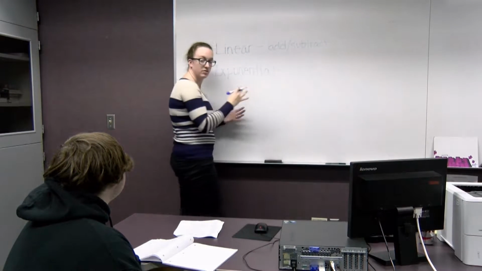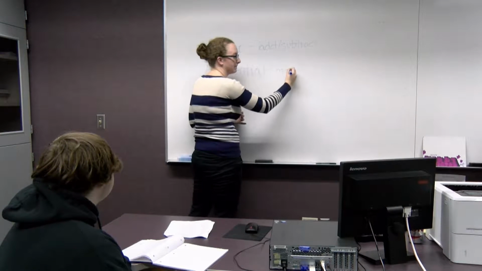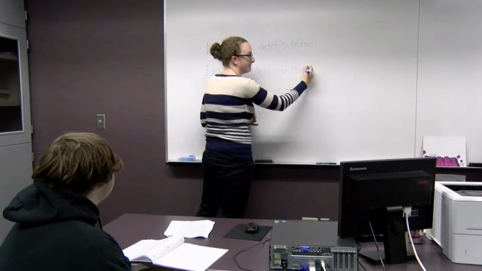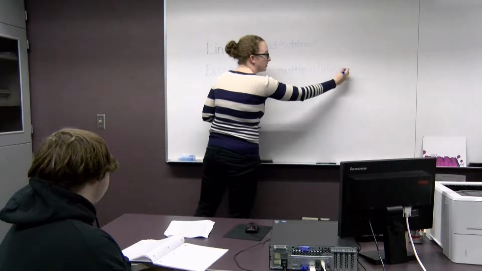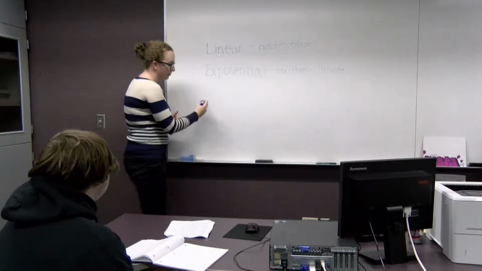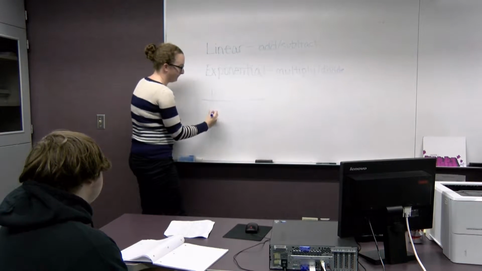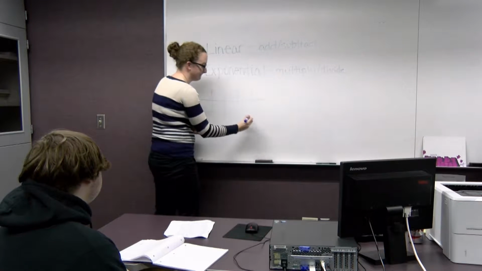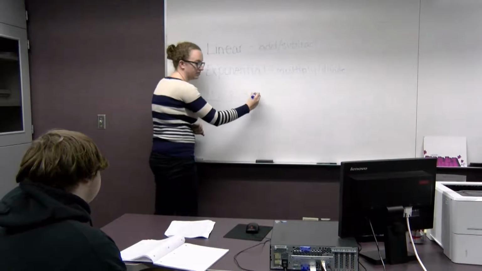In exponential, those y values are going to be multiplying or dividing by the same thing every time. All right, so if you're looking at a table, you've got x and y, and let's say x is just going up by 1. That's usually what you're going to see.